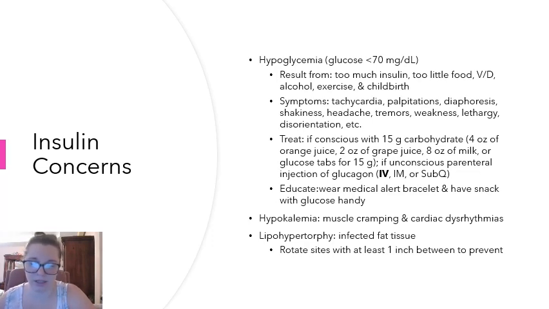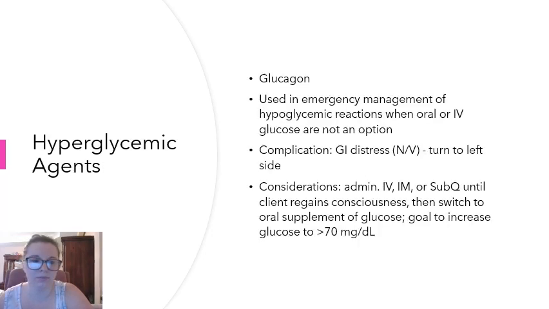Even though it's a tiny insulin needle, there is some sort of inflammatory response to it. And if we are doing it right near each other, it's going to continue to be inflamed, and that can lead to infection. So that is why we rotate that.